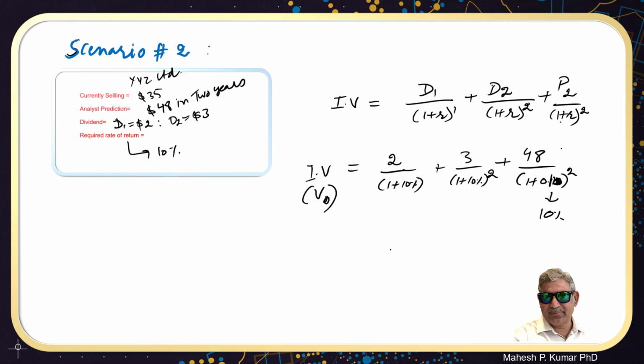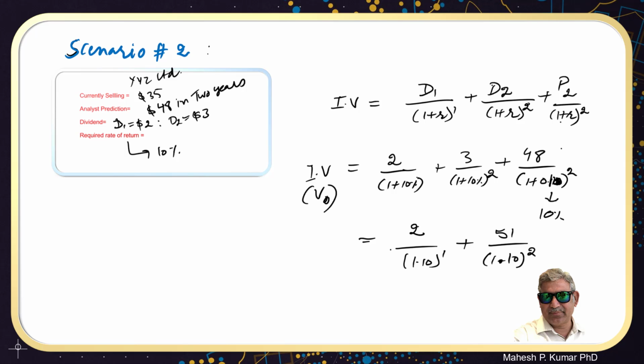Now, in order to discount these, we first discount this number at 1.10 exponent 1, and 3 plus 48 is 51. $51 is divided by 1.10 exponent 2.